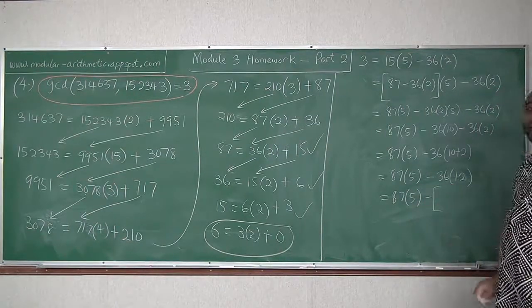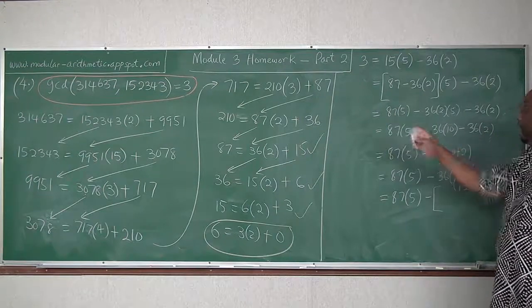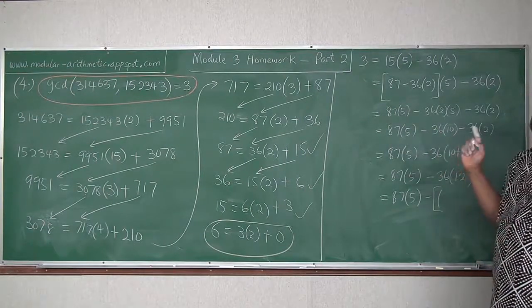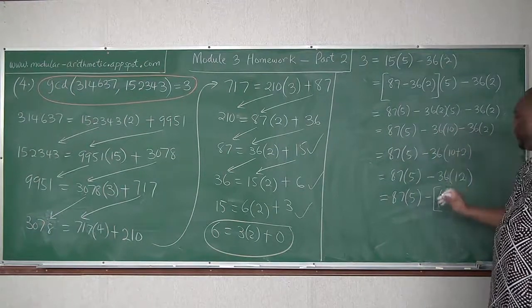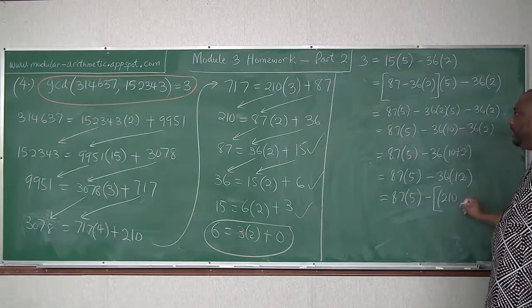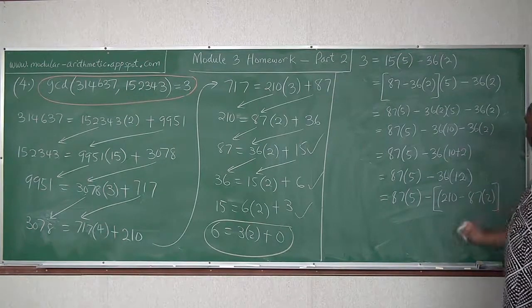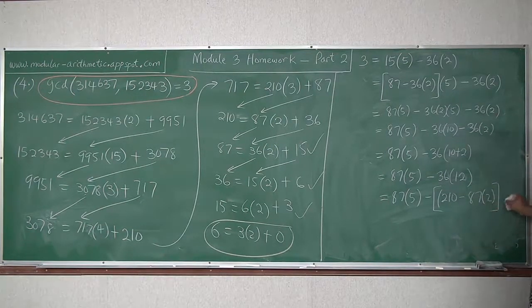Let me put a bracket. Okay? And this, if we substitute, if we isolate 36, we have 210 minus 87 times 2. I close the bracket.